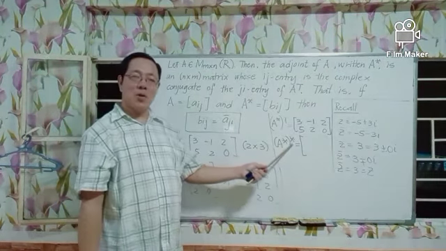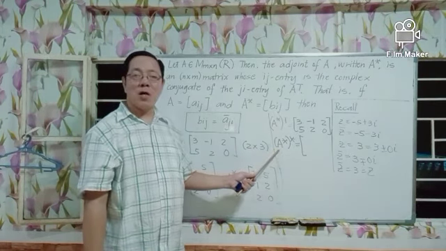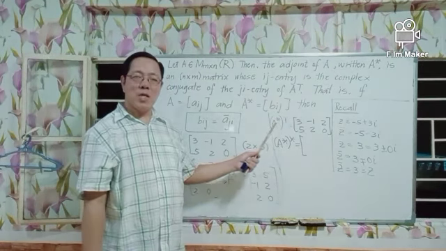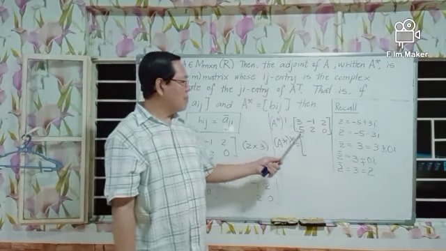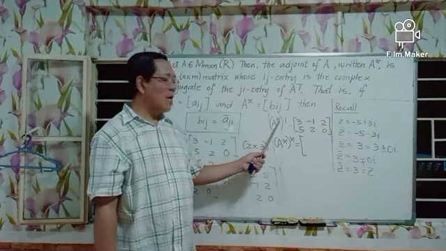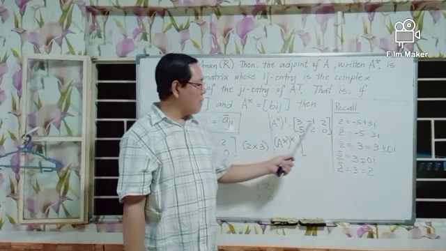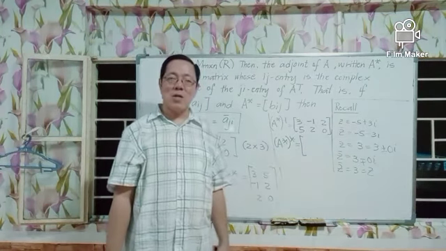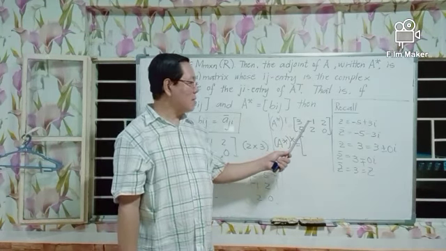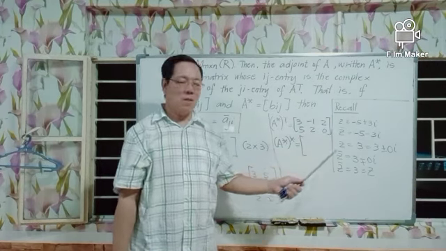This is the adjoint of matrix A, whose entries are the complex conjugates of the transpose of the adjoint of A. But all the entries of the transpose of the adjoint of A are real numbers. Therefore, the complex conjugate of each is equal to itself. The complex conjugate of 3 is 3. Complex conjugate of negative 1 is negative 1, and so on.